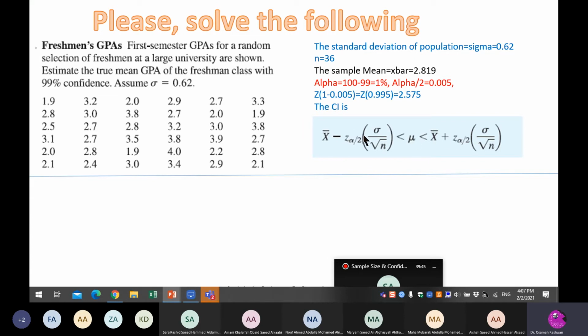This is the interval. Start from here and end from here. So this is the estimation of my population mean using the mean of the sample. So my population mean will be in the interval of this value to this value, right? So can you substitute here and give me the value, please?